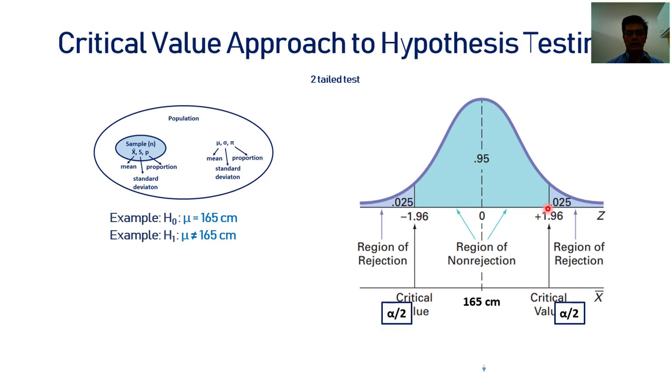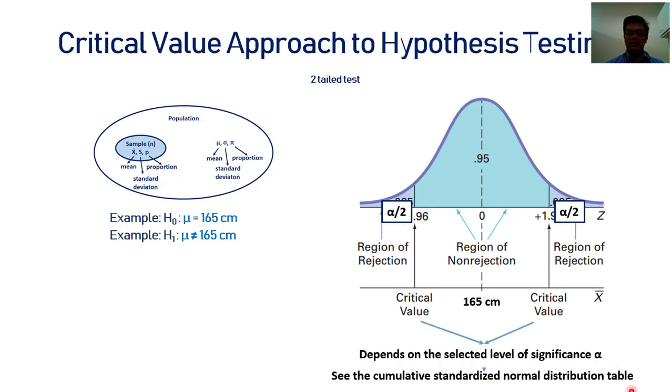Usually, we pick the level of significance that we want to apply, and then based on that we decide on the critical value based on the cumulative standardized normal distribution table. This will be exercised on the problem sets in the following slide.